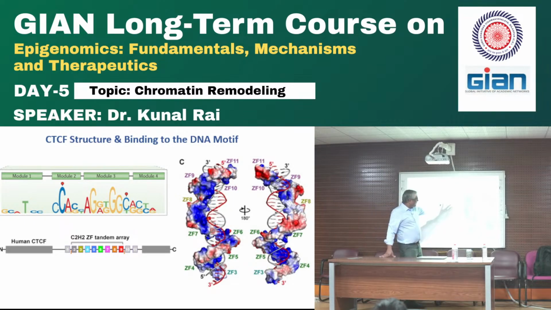Okay. Simple. How many zinc fingers do you see here? 3 to 11. What do you guys see? Can you imagine what it is? What is it trying to show you? It's a very simple thing. What do you guys see on this picture? Is there a DNA there? There is a DNA there, right? And what is not DNA is?